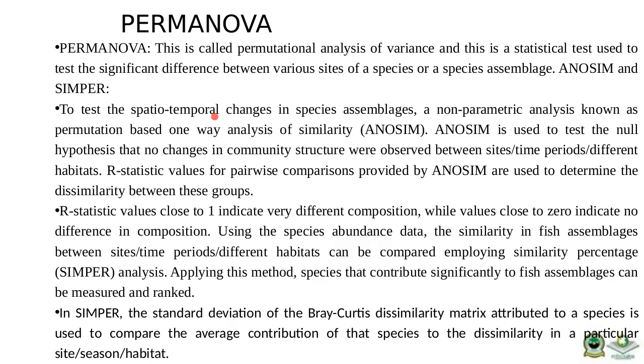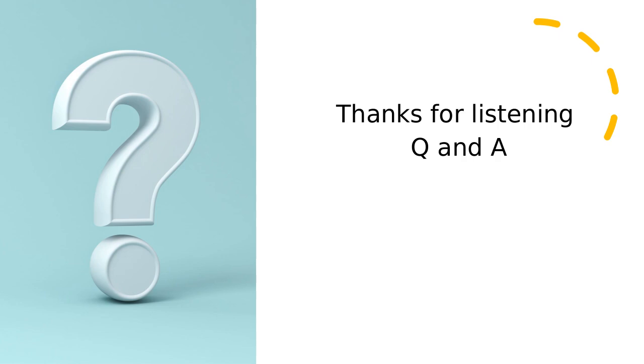While in SIMPER, the standard deviation of the Bray-Curtis dissimilarity matrix attributed to a species is used to compare the average contribution of that species to the dissimilarity in a particular site or season that is involved.